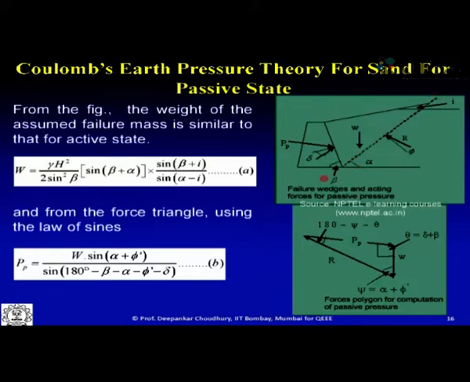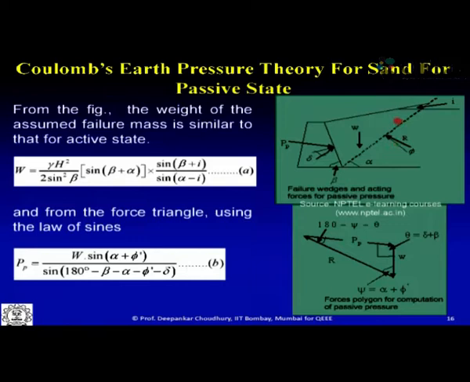This alpha is assumed, and for the passive case, the wall friction angle delta will act on the other side, whatever normal to the wall you have, the passive earth pressure will act on the other side. Why is it so? Because of the relative movement between your soil and the wall.